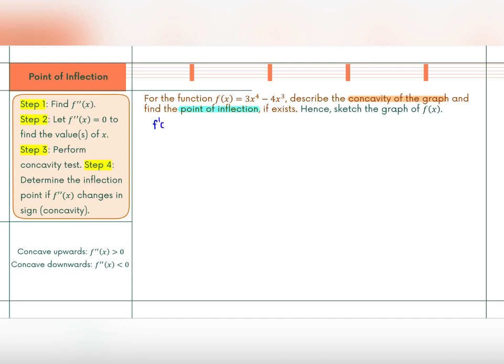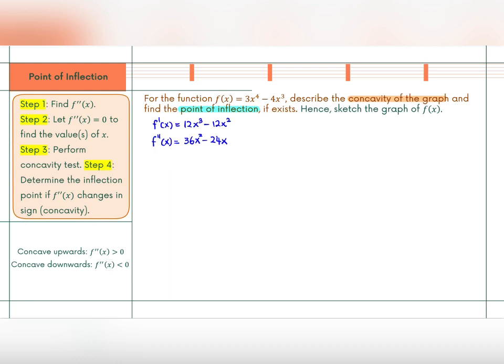So f prime x equals to, let's differentiate, dapat 12x cubed minus 12x squared. Okay, and then let's look for the second derivative. So f double prime x will be equals to 36x squared minus 24x. So this is our second derivative.